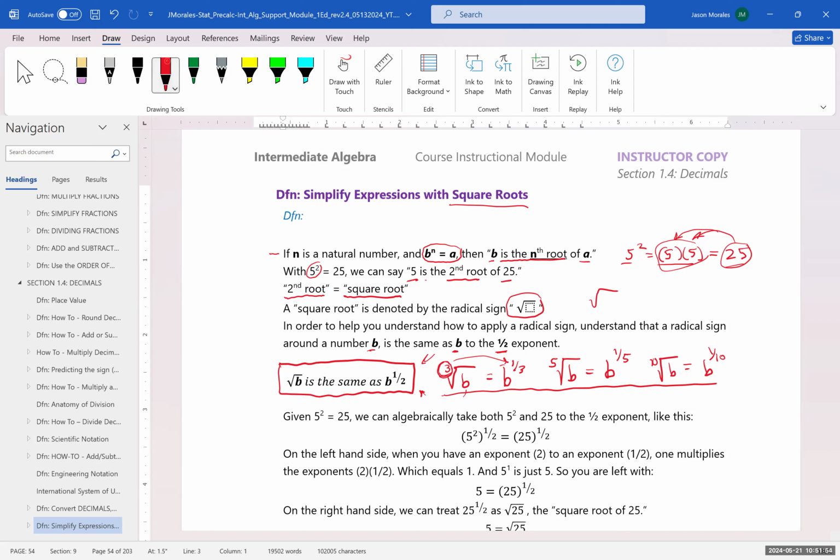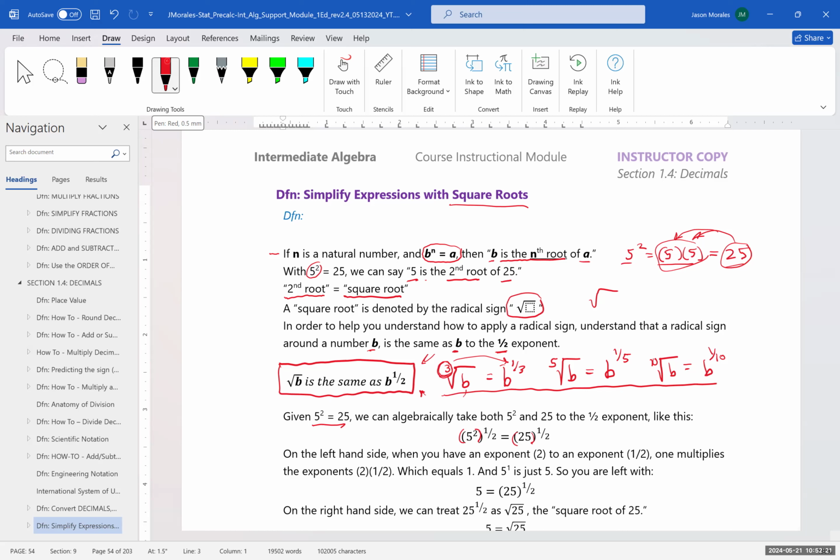So given that 5 squared equals 25, we can algebraically take both 5 squared and 25 to the 1/2 exponent like this. So if we took 5 squared, and that's equal to 25, and we put both to the 1/2 power, that doesn't break anything algebraically, because what we do to one side, we do to the other side.